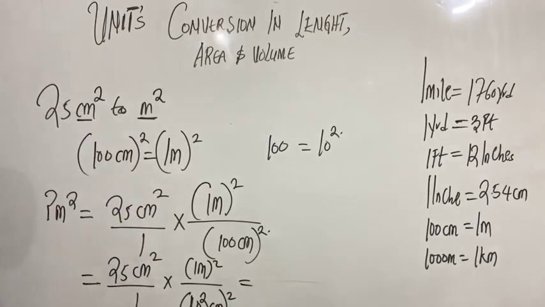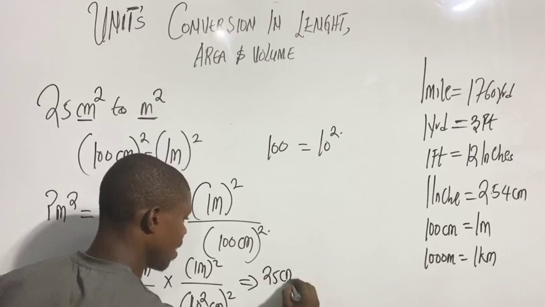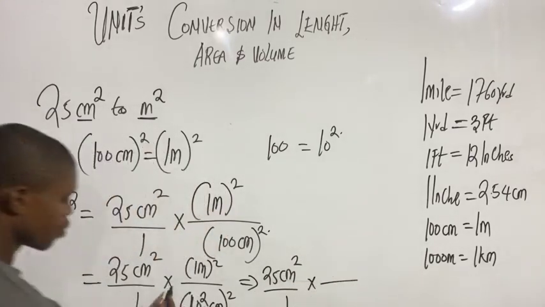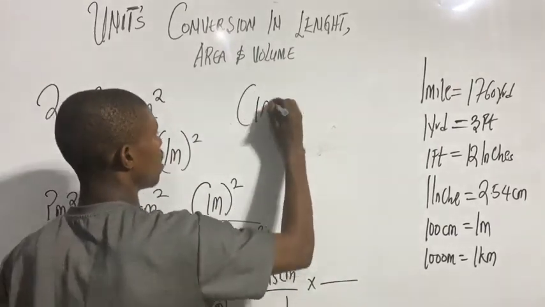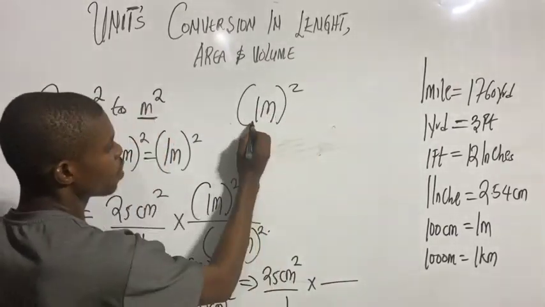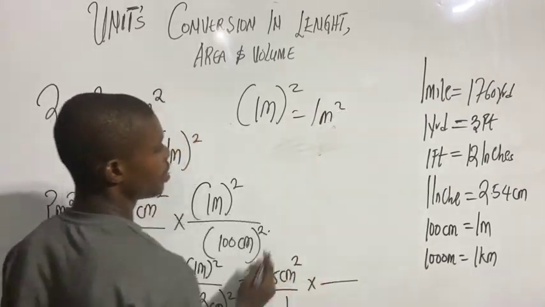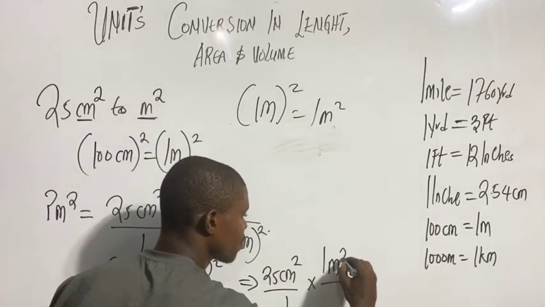If I open the bracket, I have 25 cm square over 1 times 1 meter all squared. What does that mean? It means 1 times 1, which is 1, and meter times meter is meter square. So here I'm going to have 1 meter square.